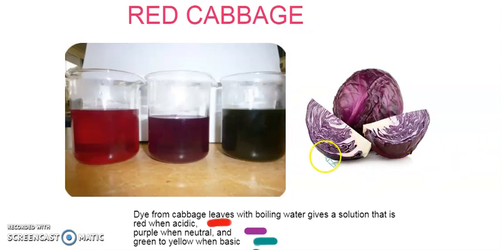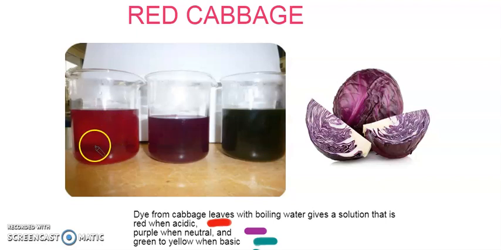Now the next is red cabbage. In this, the red cabbage is boiled and the juice of the red cabbage is taken. This is the actual color of the red cabbage.